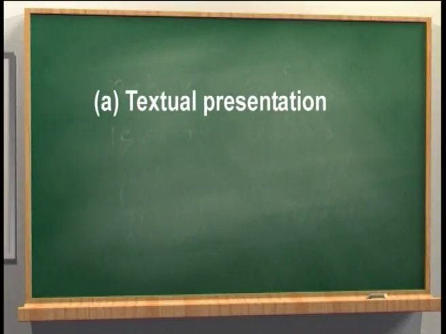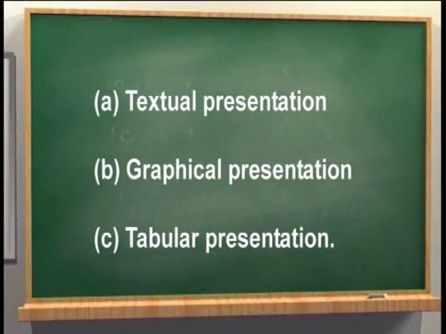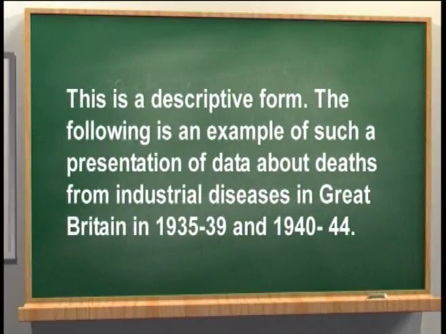Statistical data can be presented in three different ways: textual presentation, graphical presentation, and tabular presentation. Textual presentation. This is a descriptive form. The following is an example of such a presentation of data about deaths from industrial diseases in Great Britain between 1935 and 39 and 1940 and 44.